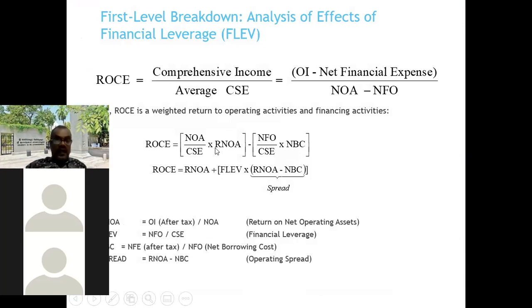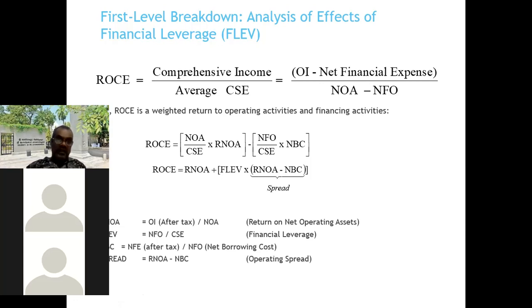If you want to analyze it further, just have a look. This is the return on net operating assets, and net operating assets divided by shareholders' equity, common shareholders' equity, right? We know that when there is borrowing, which component is big, numerator or denominator?